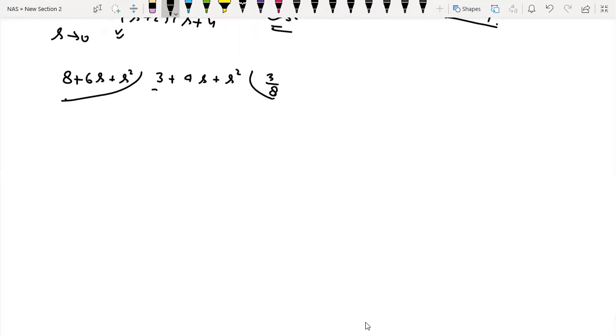So this is 3 plus 9 by 4 s plus 3 by 8 s square. Subtract, the remainder is 7 by 4 s plus 5 by 8 s square.